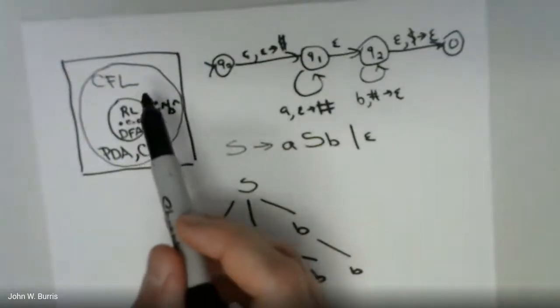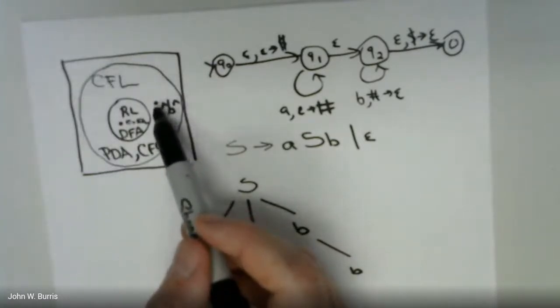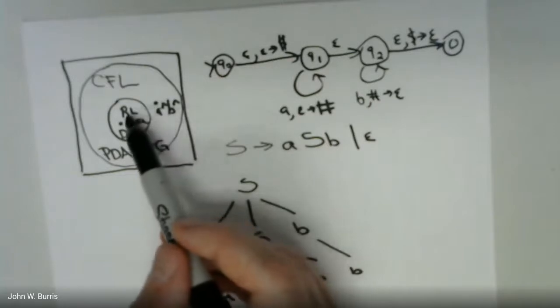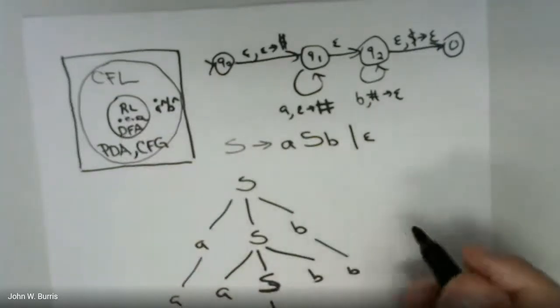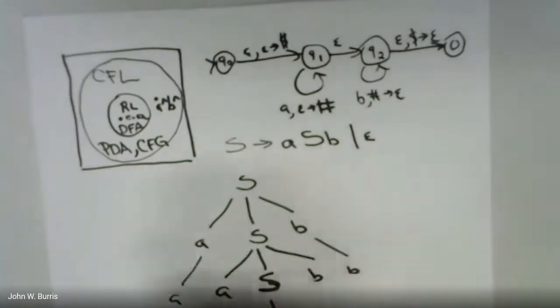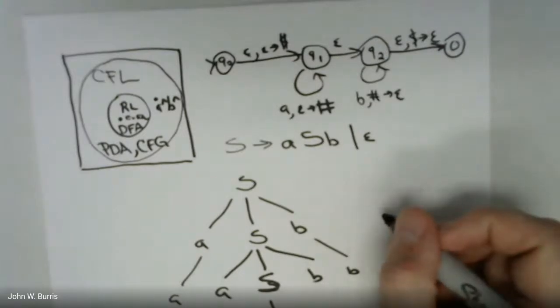But here's the thing. A to the N, B to the N, we drew here. Now, why did we draw it here? Even is a context-free language too, because I can build a PDA or a context-free grammar that accepts an even number of A's. And in fact, it's good practice. Go ahead and try to practice the context-free grammar and the PDA for an even number of A's.